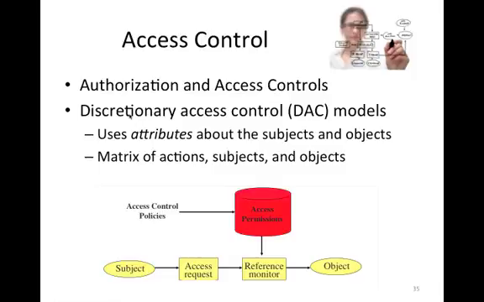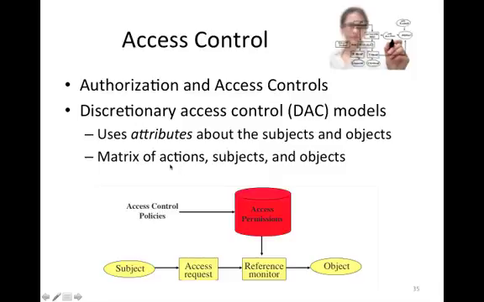We have this idea of authorization and access control. So how does this work? Basically, we set up a little database, a little table that gives us permissions, that has attributes about the subjects and objects, and we create a little matrix of actions, our CRUD, right?